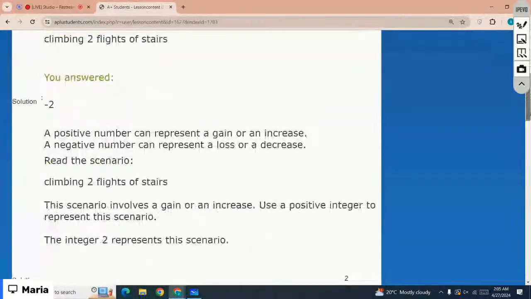A positive number can represent a gain or an increase. A negative number can represent a loss or a decrease, right? So the scenario involves a gain or an increase, so that would be represented by the positive number.